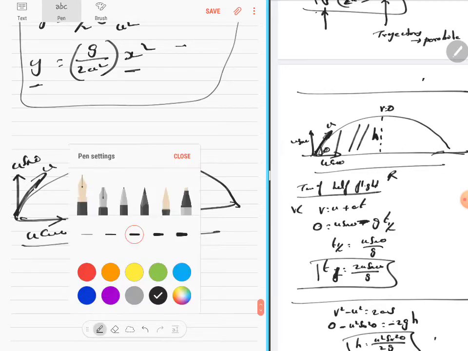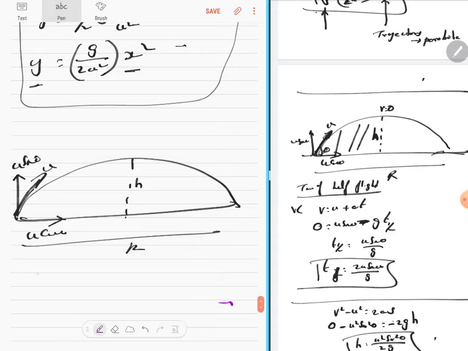So let's calculate the time of half flight here, t half. How to calculate? You have to use the formula. The clue is here. The velocity at the highest point is 0. Therefore, I am going to use the formula v is equal to u plus at. When I write velocity as 0, I am taking the vertical component. The vertical component of initial velocity is u sin theta.